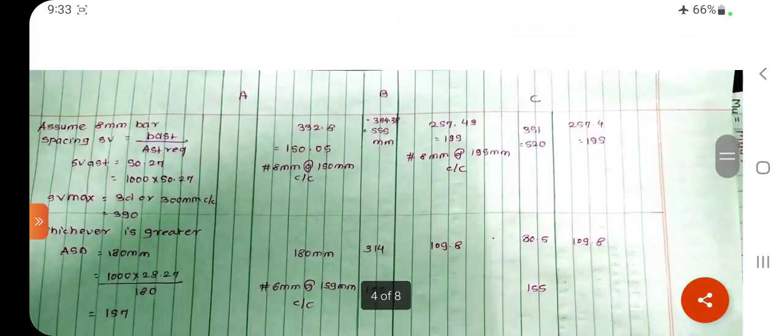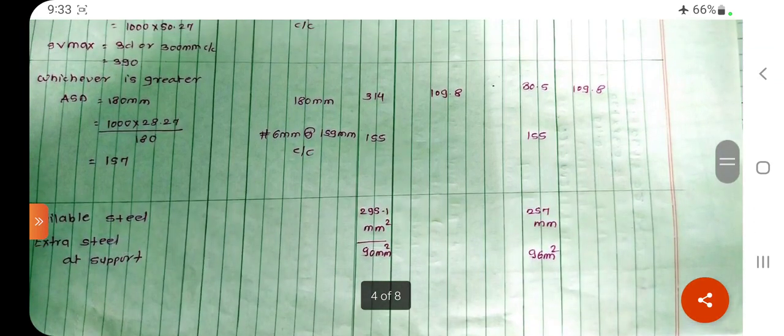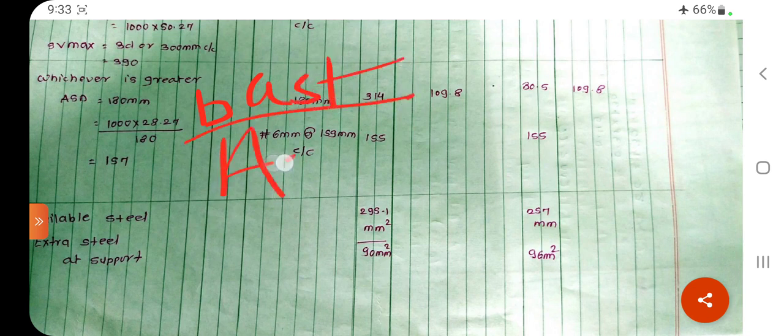But in this case we require the distribution steel, so we may assume 8 mm bar or a 6 mm bar. Okay, so 6 mm bar we are assuming, and we are calculating the spacing, which is equal to small b into small ast divided by capital AST.